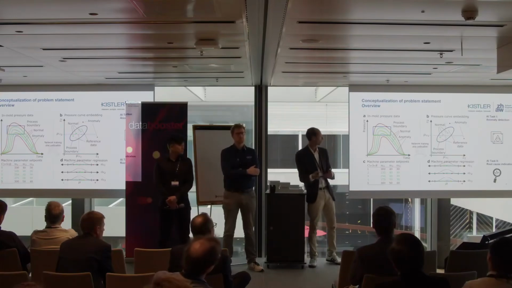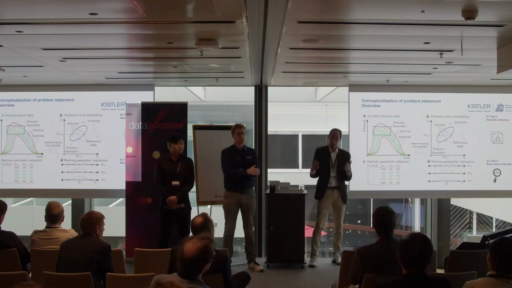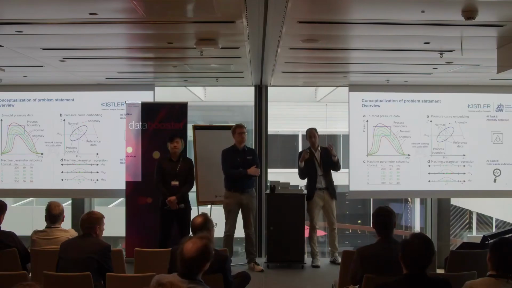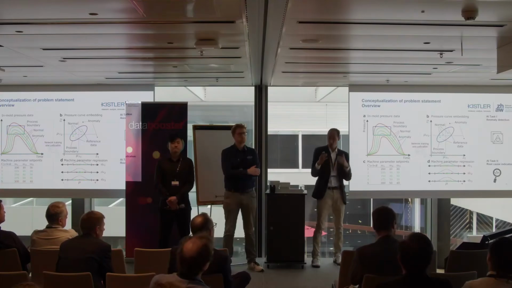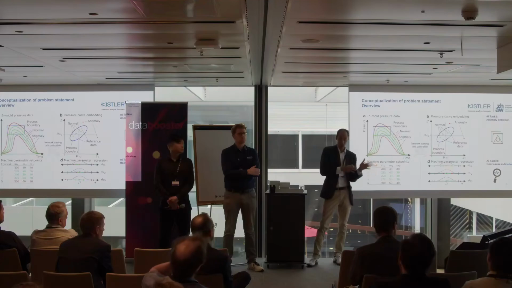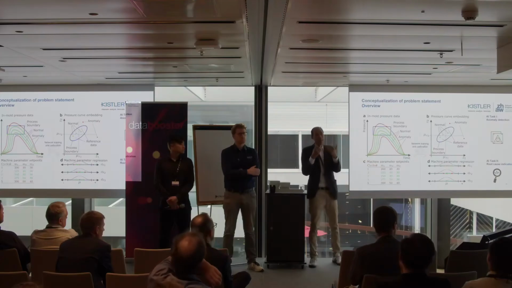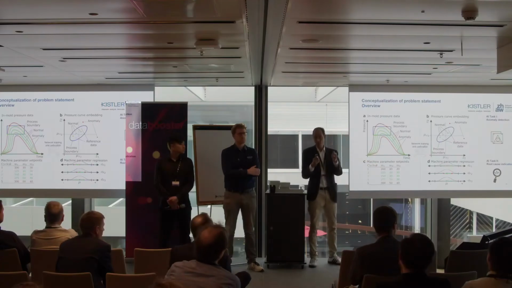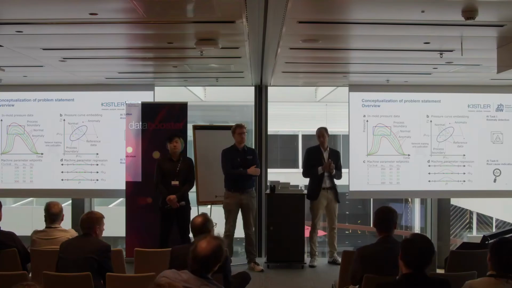I'll make an example. If the first parameter is the back pressure, and the machine analyzes a signal and predicts a substantially lower back pressure than expected, then this might be indicative of a clogged sensor, but it would not, for example, be indicative of a failure of the heating system of the mold.